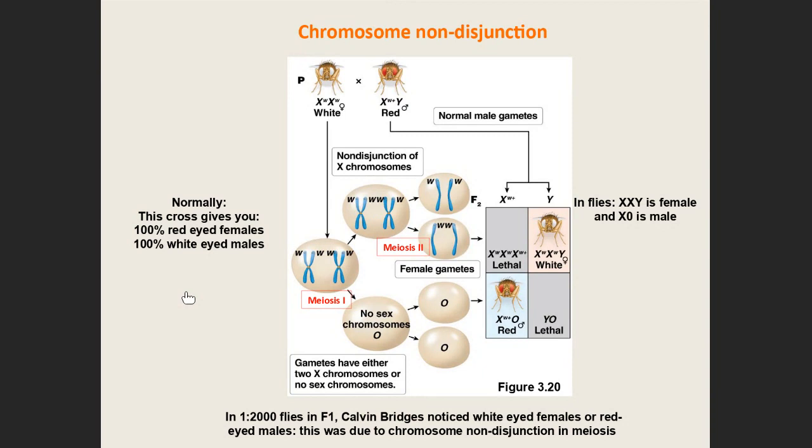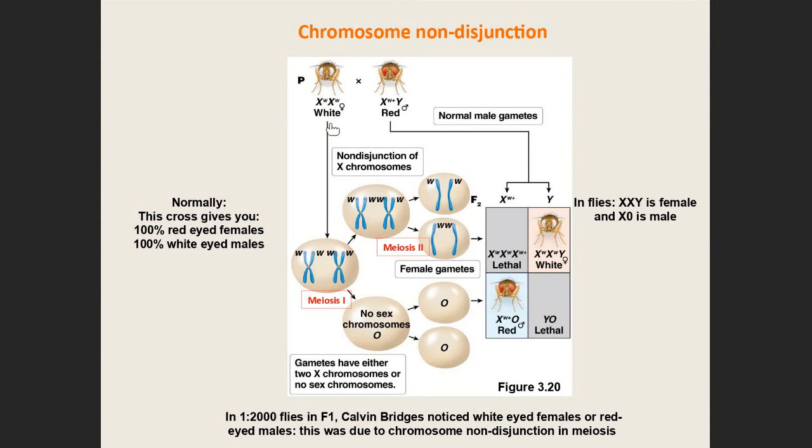Again, a very rare event. It's only in 1 in 2,000 flies in the cross that I'm going to tell you about now. It's a chromosome missegregation that occurs in meiosis 1. So let me tell you how he discovered that.